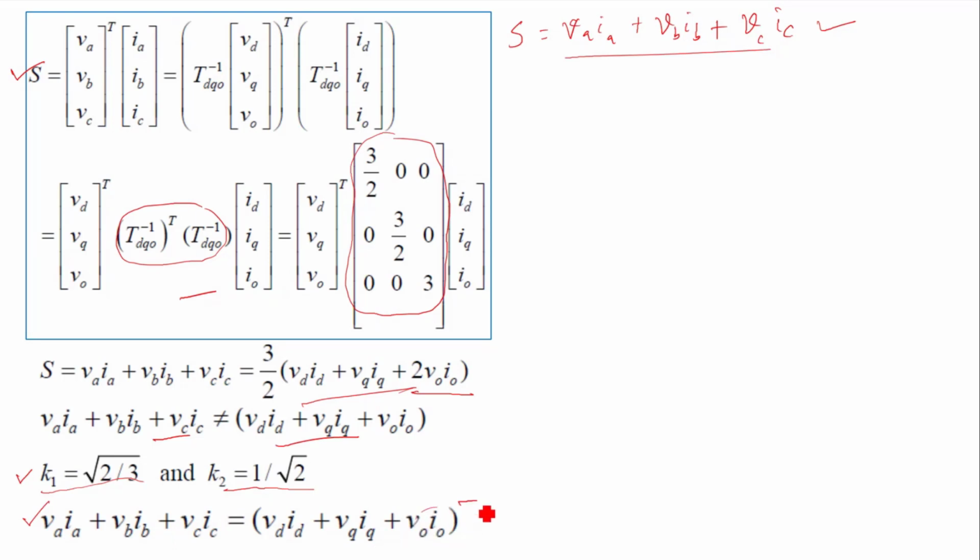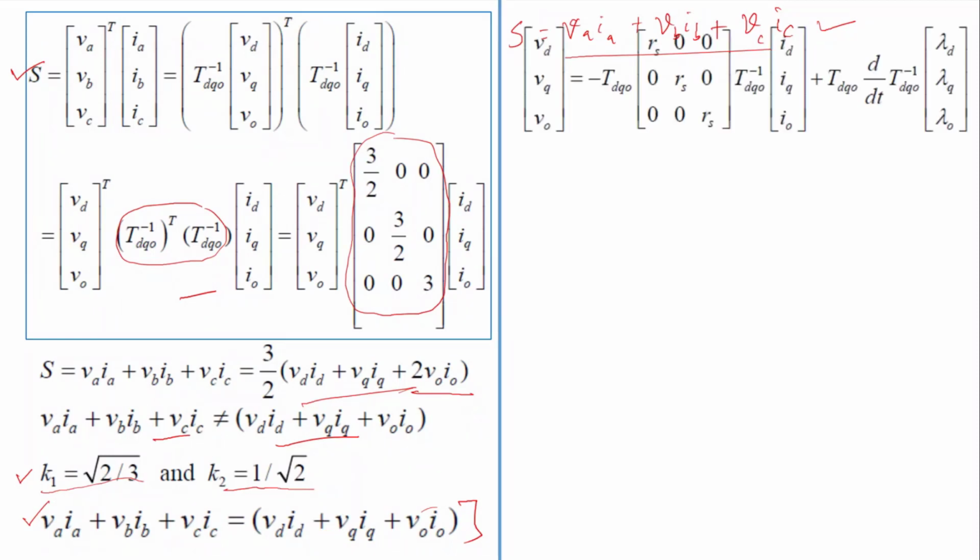Obviously, you will find this expression. So this is the power invariant transformation, where the instantaneous power expression in the ABC system, or three-phase system, will be equal to the instantaneous power in the DQ reference frame.